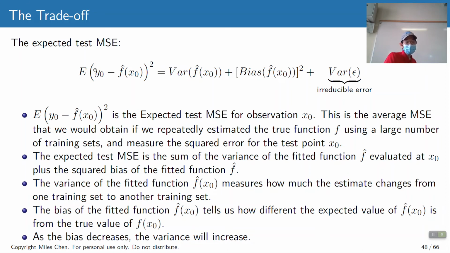And so if we talk about the expected test MSE, this is for some test data point y0, we want to compare that versus the predicted value, okay? And we see what's the expected difference squared here. That's going to be the variance of our predictions for x0 plus the bias of our predictions squared and some amount of irreducible error that we just can't get rid of, right?